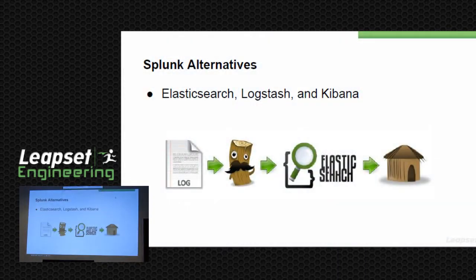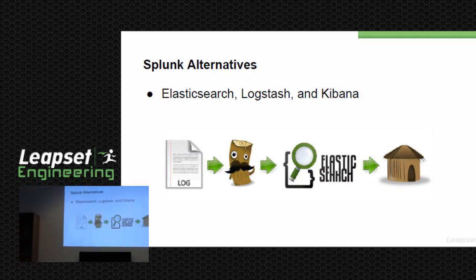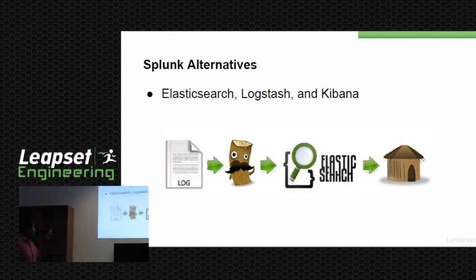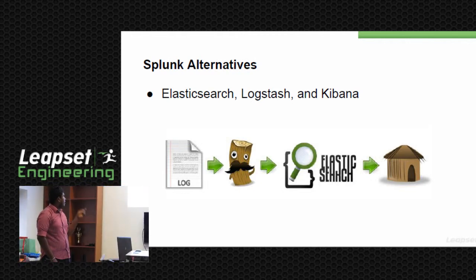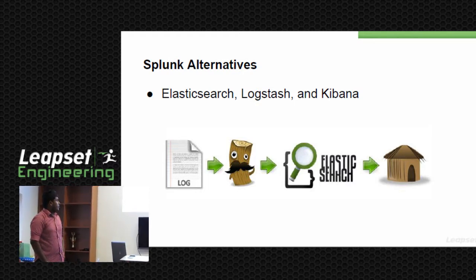Now, Splunk alternatives. If we consider Elasticsearch, Logstash and Kibana, this is an open source tool, 100% open source, and equivalent to Splunk. Logstash is equal to the Splunk forwarder, Elasticsearch is the Splunk search head, and Kibana is the Splunk UI.